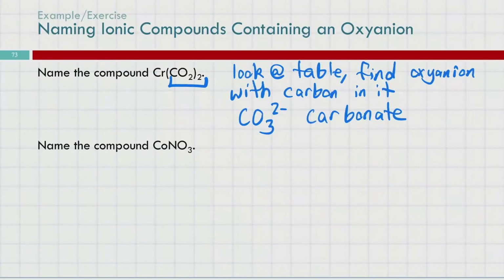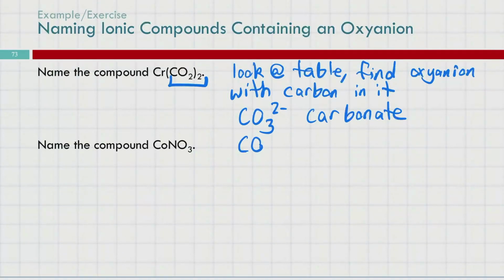Do we have CO3 in our equation? We have CO2, and that's one less oxygen. So CO2, still 2 minus. We lost one. It's a little bit less oxygenated. It's our light form. It's our carbonite. So our anion is carbonite.